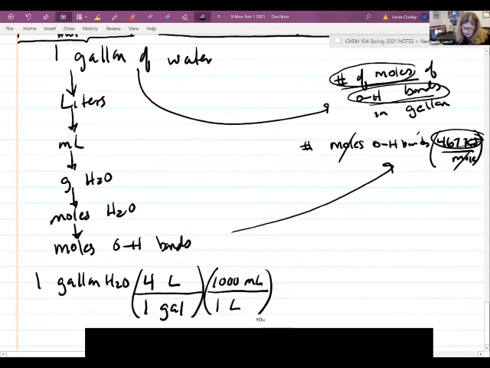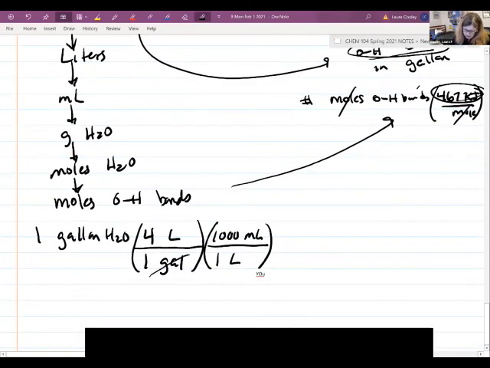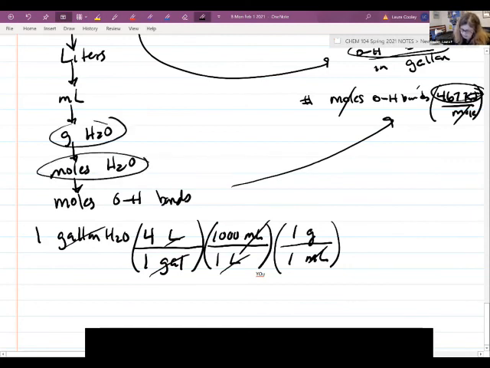Okay, so now I'll be at milliliters. How do I go from milliliters to grams for water? Aren't they equal to each other? They are. It's 1 gram per milliliter, at least to a first approximation. So that's not going to change anything. Now, we're at grams and we've got to get to moles.